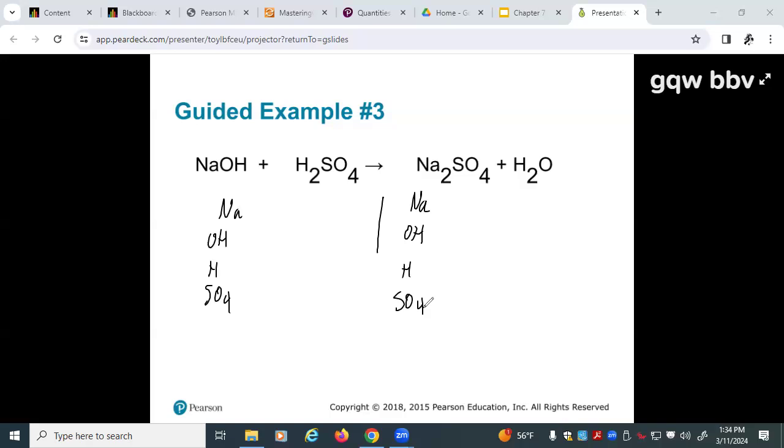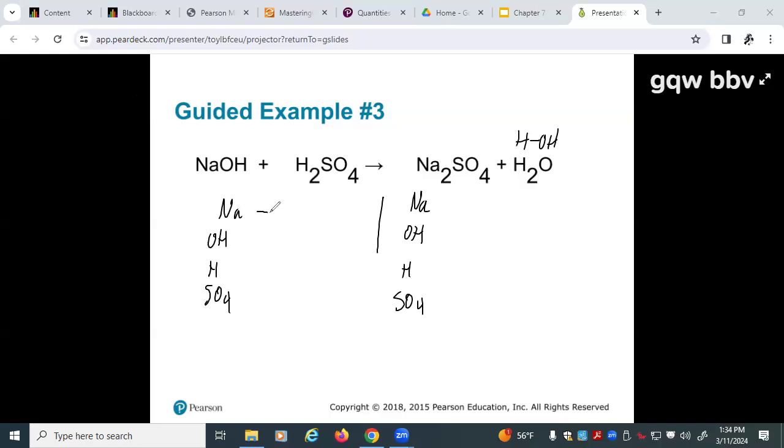In these kinds of neutralization reactions, we can think about water as being hydrogen hydroxide. So every single water molecule has one hydrogen and one hydroxide. That way we keep things straight and neat when we're trying to determine if the equation is balanced or not.